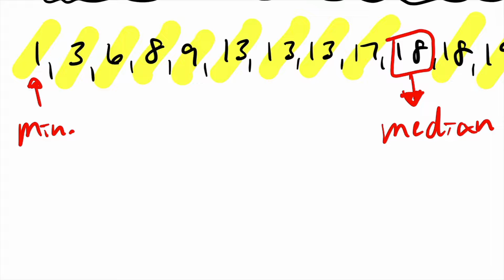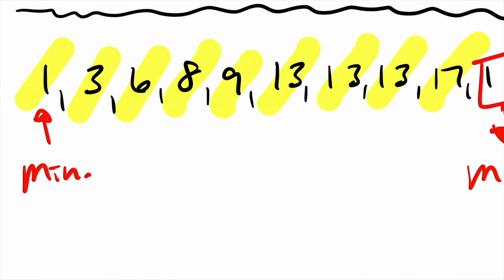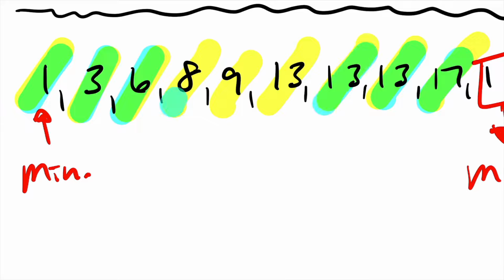Everything below, so from 1 to 17. I'm going to find the middle of those. I'm going to do the same thing until I end with a number in the middle. In this case, it's going to be 9.